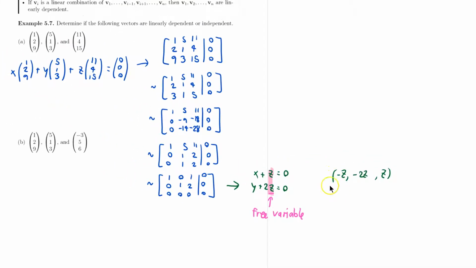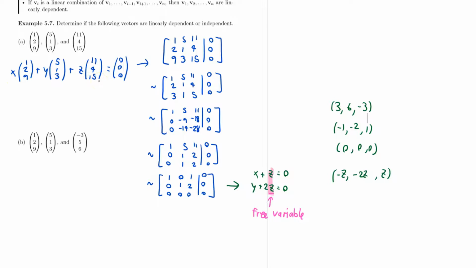I can let my c be anything, and that would be a solution. For example, if my c is 0, I would just get 0, 0, 0. If my c is 1, I'm going to get negative 1, negative 2, and 1. If my c is negative 3, I'm going to get 3, 6, and negative 3. So all these guys are going to be solutions to this vector equation that I have.